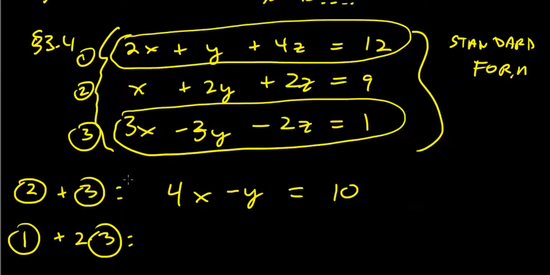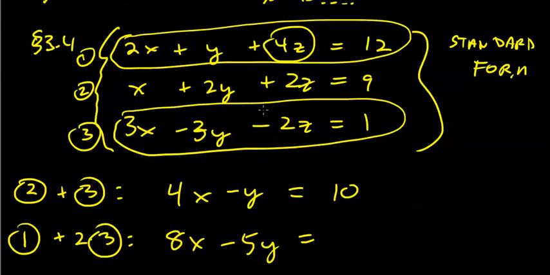I'll get, let's see, 2 times 3x is 6x, 6x plus 2x is 8x. And then y minus 6y is going to give me minus 5y. I'll take 4z and add to that 2 times minus 2z, and that's going to give me a 0.